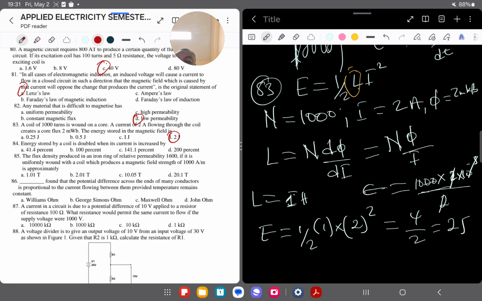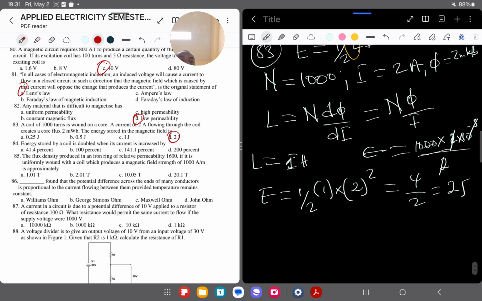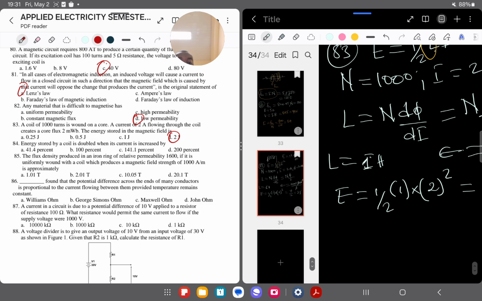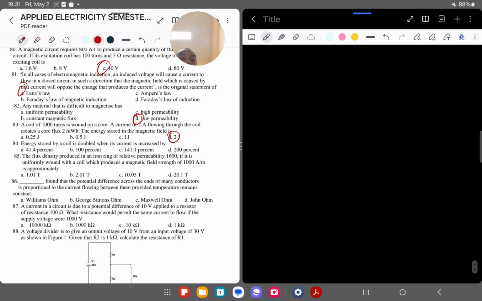Energy stored by a coil is doubled when its current is increased by, okay. So this question is similar to the one we solved yesterday, right? It's about doubling again or reducing. Here again we make use of proportionality, direct proportionality and inverse proportionality.